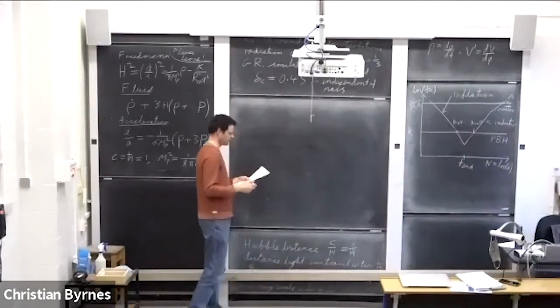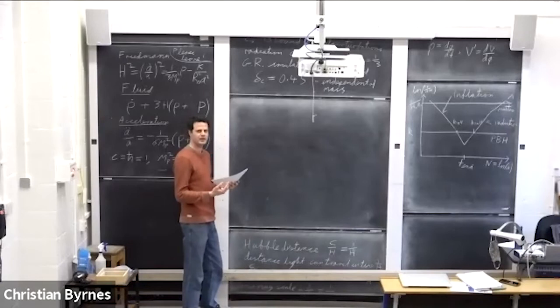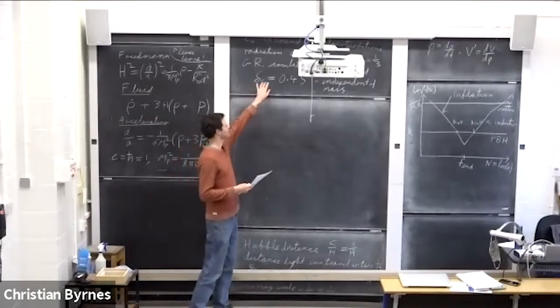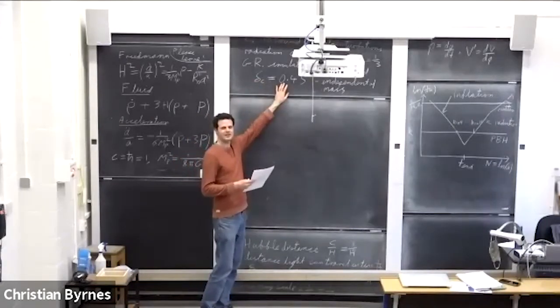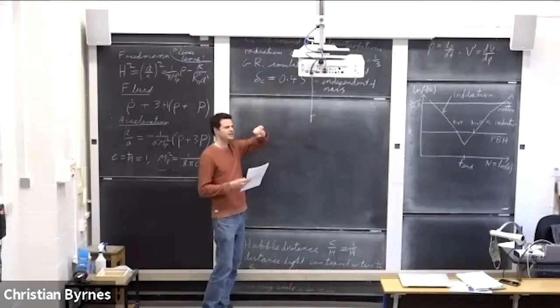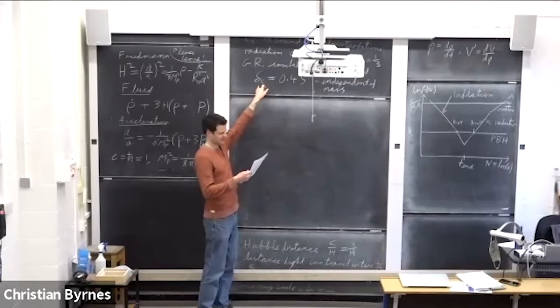So what do we want? We'd like to know how large the amplitude of the perturbations now needs to be in order to generate a non-negligible number of patches in the universe where delta is greater than delta critical.